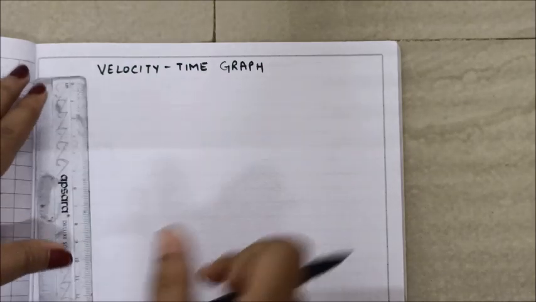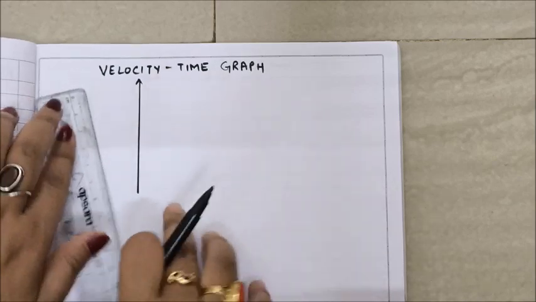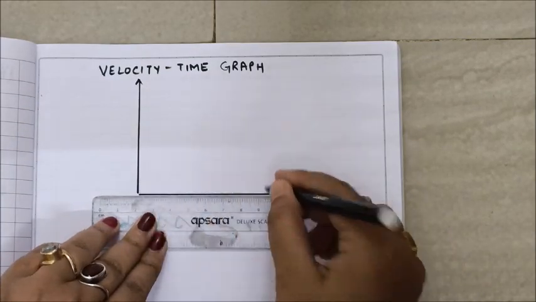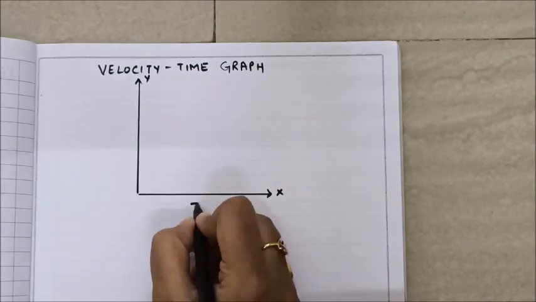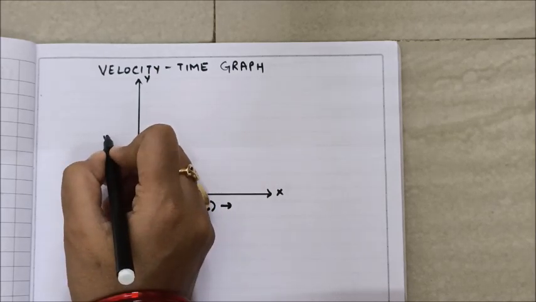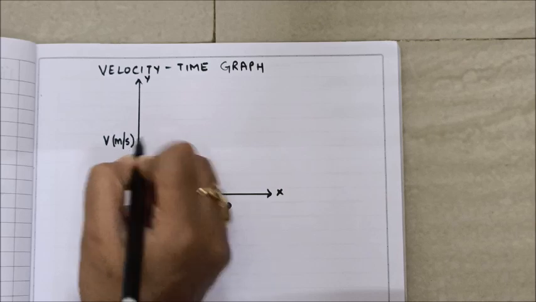Now as I have said, I will draw the y-axis for the velocity, the x-axis for the time, and we denote velocity as v only, with its SI unit meter per second.